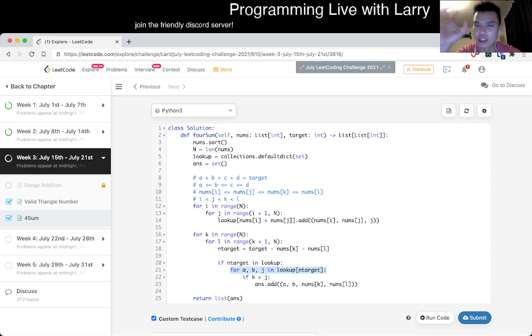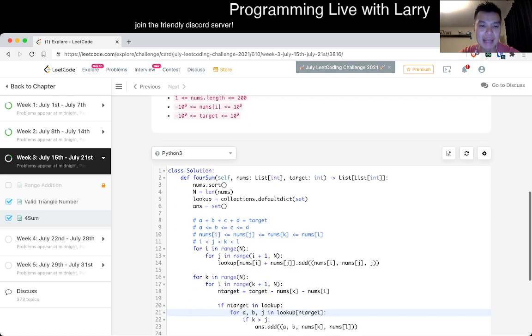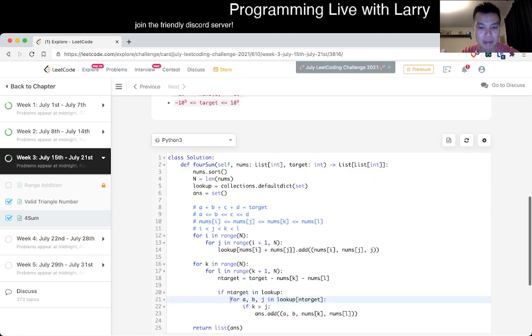And again, this is going to be output sensitive, in that the texture of the input determines your complexity, because it may be that n squared is fast enough, but it may also be that there's some weird thing where, for example, for my particular edge, the way that I particularly wrote it, if A, B, C, and D are all zeros and target is zero, and all 200 things are the same, then it may be a little bit slow, right?